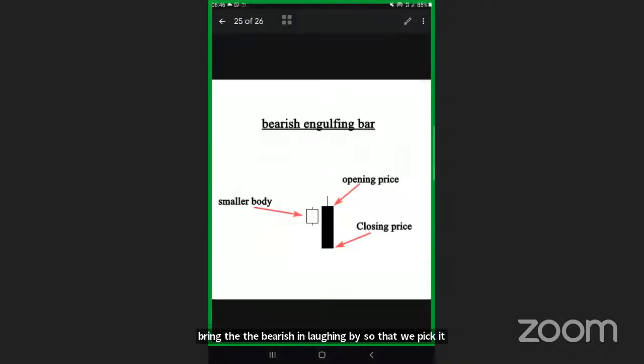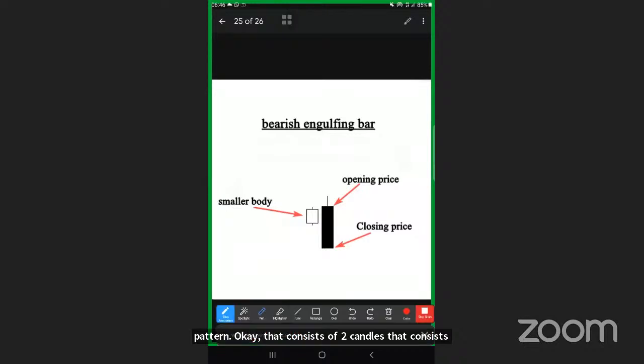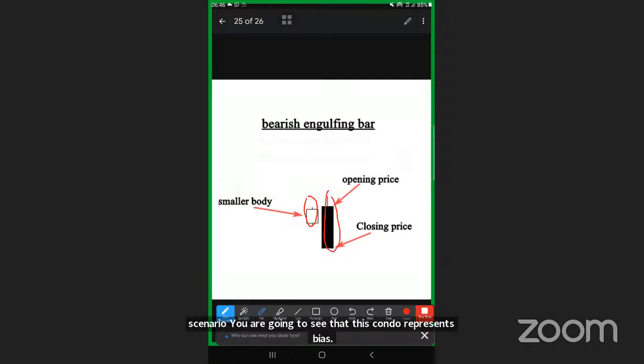So yesterday we looked at this type of chart pattern that consists of 2 candles. We said that in this type of scenario, this candle represents buyers. This one represents sellers.